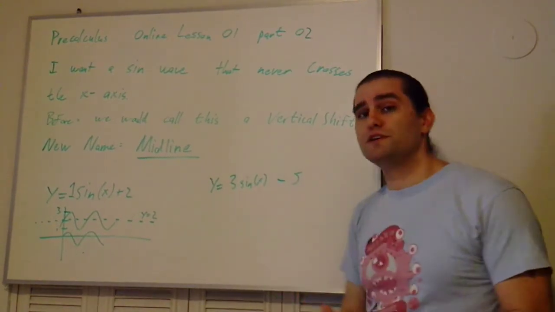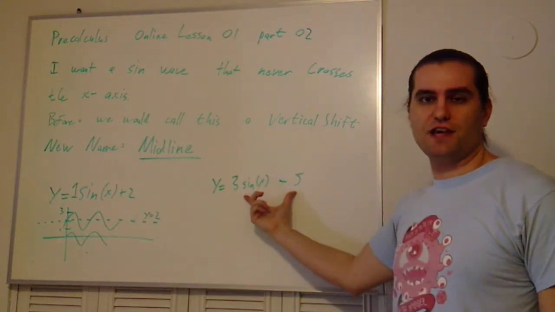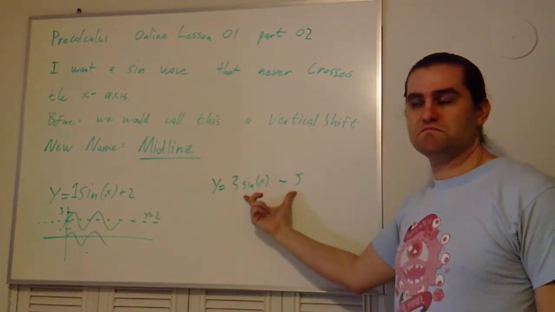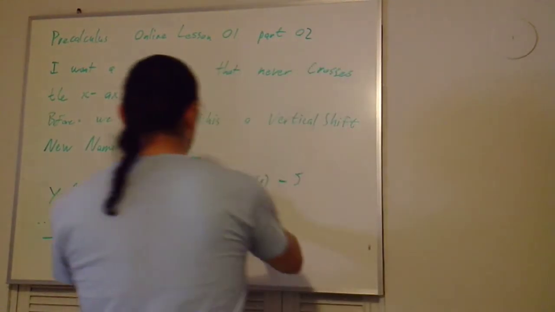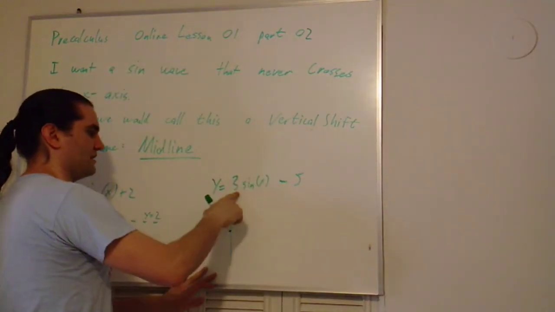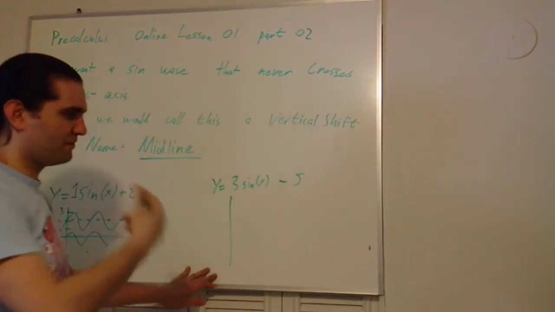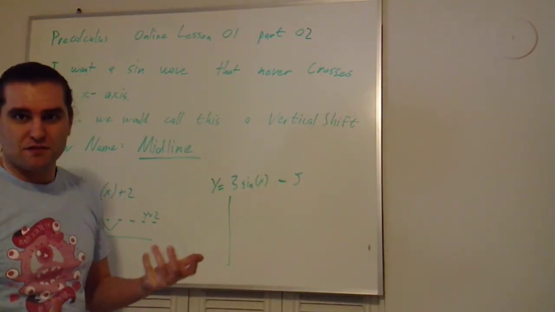It would be reasonable to ask, does this sine wave touch the x-axis? Let's find out. I know what a sine wave looks like. I know that this is the midline and that this is the amplitude. So I'm not going to make a table of values for pretty much any of these.